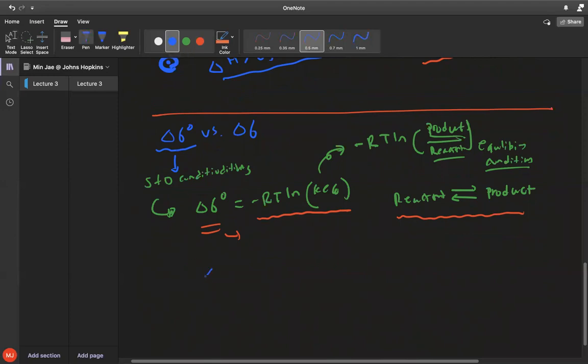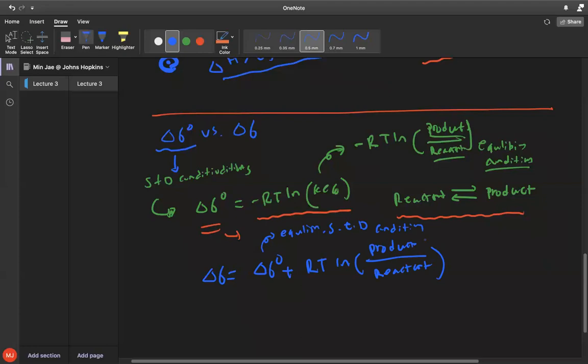Delta G, on the other hand, we express as delta G naught, the standard condition, plus RT ln product over reactant.